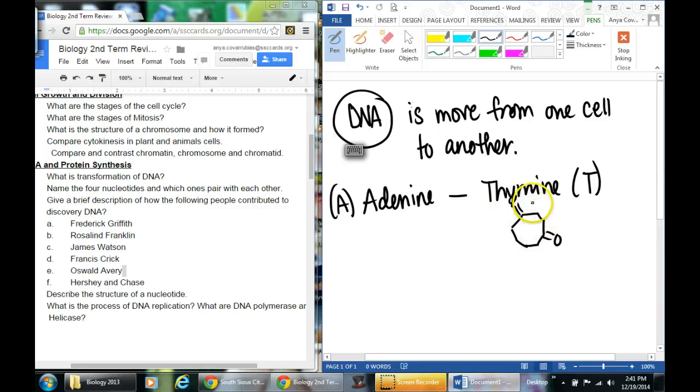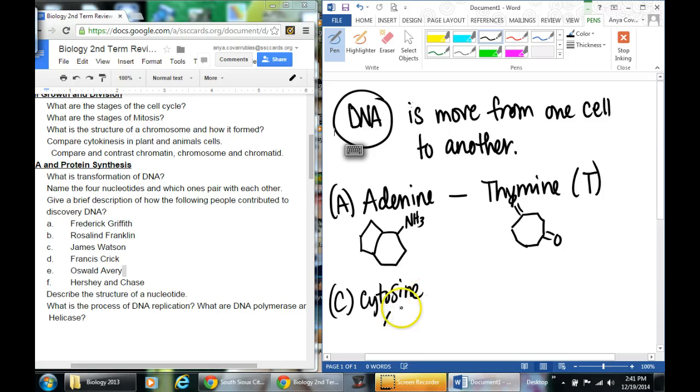Okay, another one here. And adenine is going to be a stop sign and a house. That's what I kind of think of it as. And it as well has some different little molecules coming off of it. The other two are going to be cytosine, and cytosine is really similar to adenine.